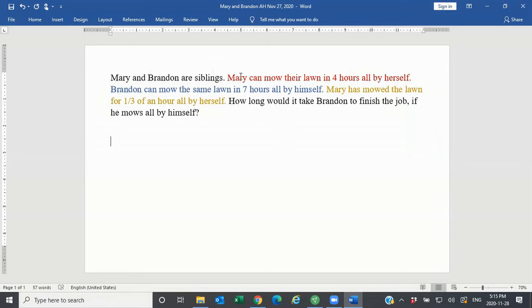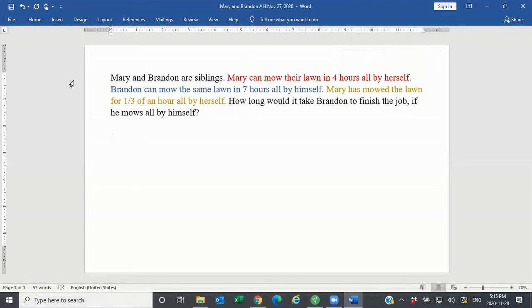All right, to do this question, I'm going to make a table. But what table? To decide which table I'm going to use, I'm going to take these two numbers here, 7 and 4 hours. If Brandon could mow the lawn in 7 hours all by himself and Mary can mow the lawn in 4 hours, then we need a table that's easily divisible by 4 and 7.